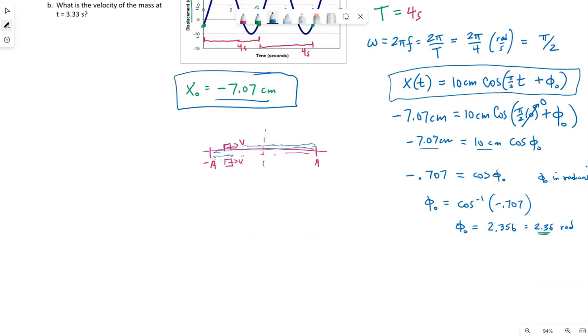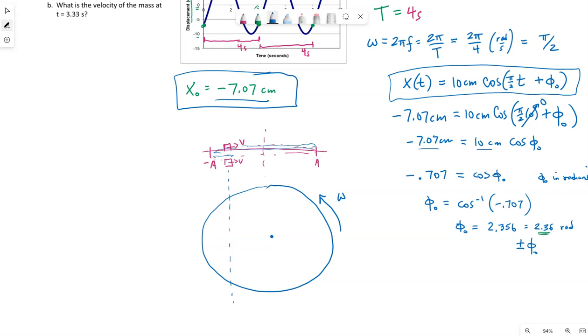To figure out whether or not we need to put plus or minus phi naught into our equation, we need to come back to that relationship where we relate the motion of the oscillator to a peg on a disc. So again, our disc would be rotating counterclockwise. The center of the disc represents the equilibrium position, so the peg would have to be along this line.